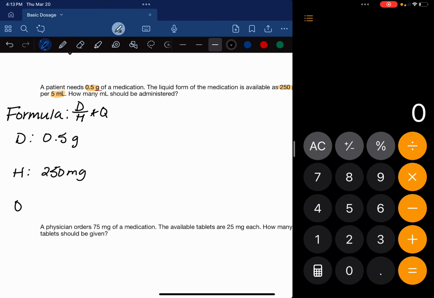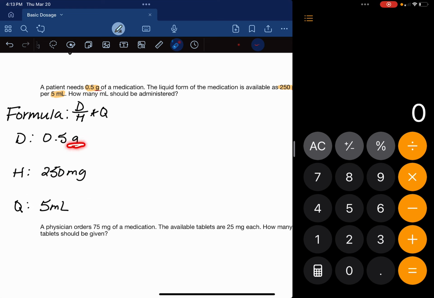And then your quantity is 5 mL. All right, so we need something to match before we do our equation, and this is what you can do. This is just easier for me. I go ahead and convert the order to what I have, just to make it easier.